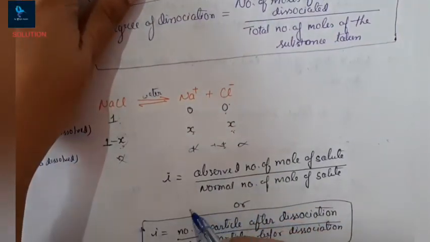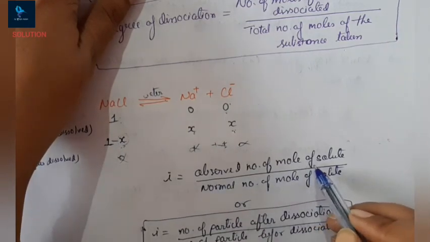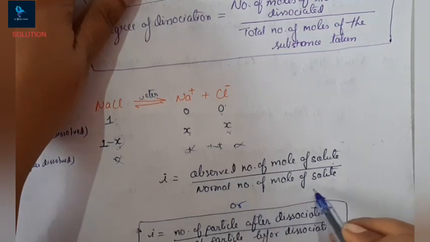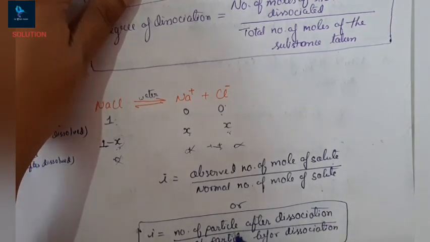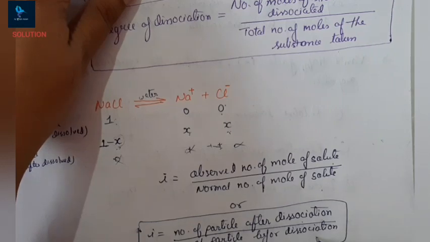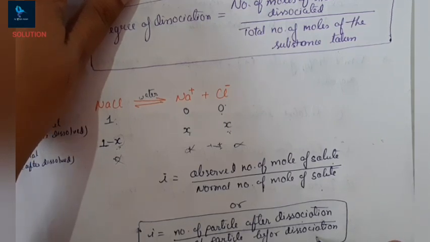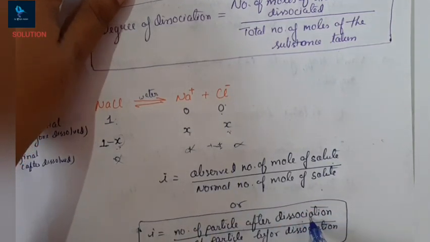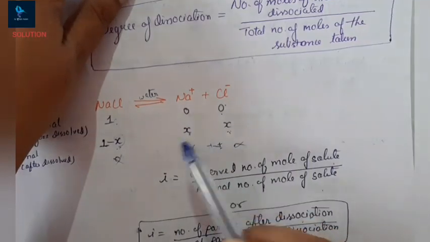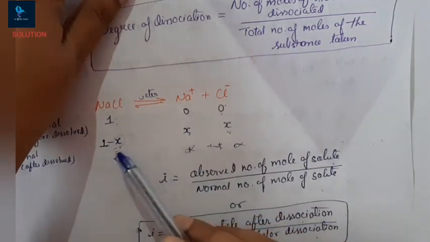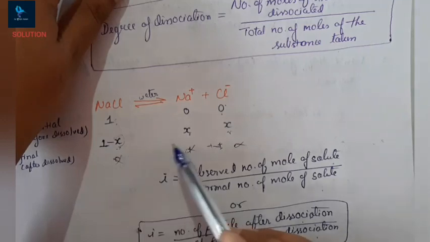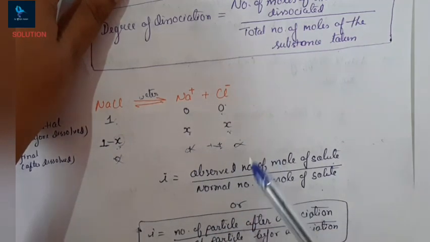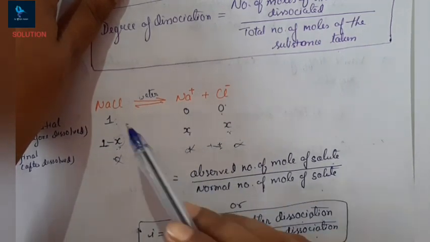So according to the Van 't Hoff factor, the observed number of moles of solute divided by the normal number of moles of solute, or the number of particles after dissociation divided by the number of particles before dissociation. It means i equals the number of particles after dissociation, which is 1 minus x, x, x, and the number of particles before dissociation is only 1.